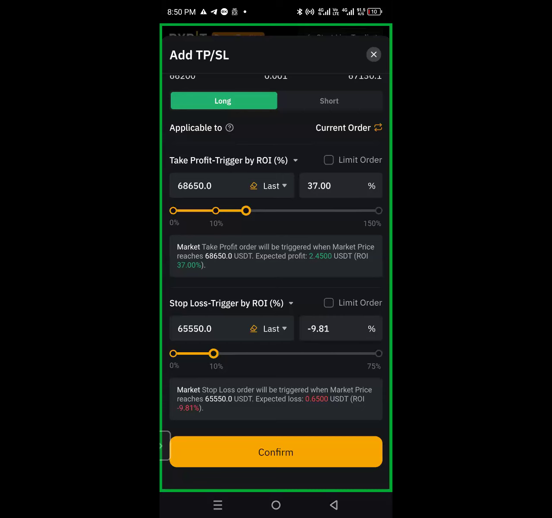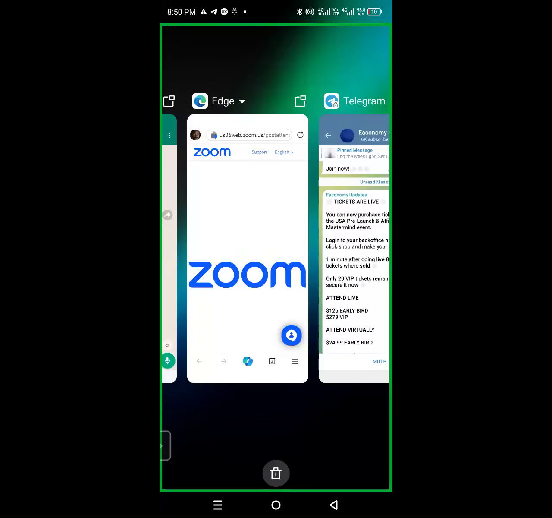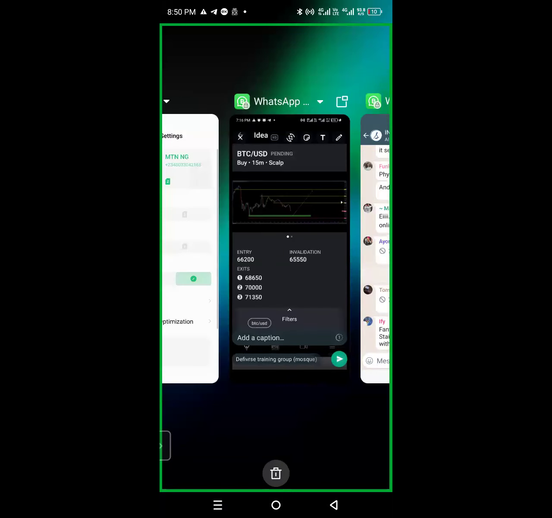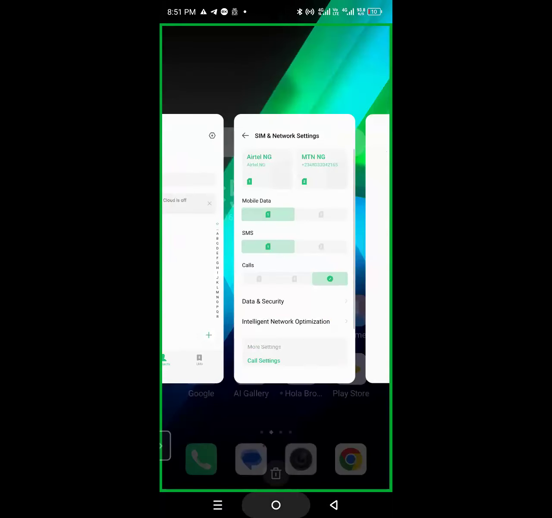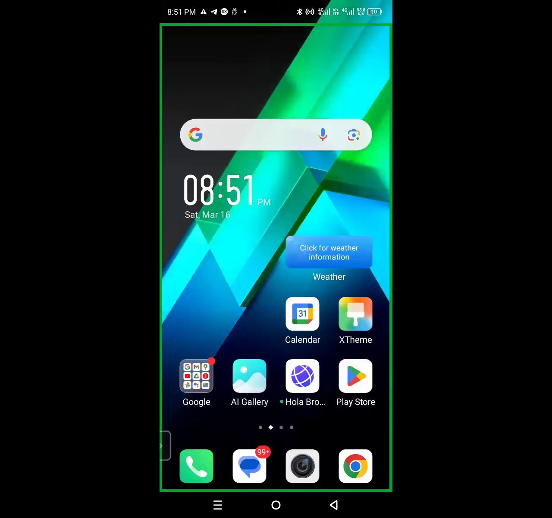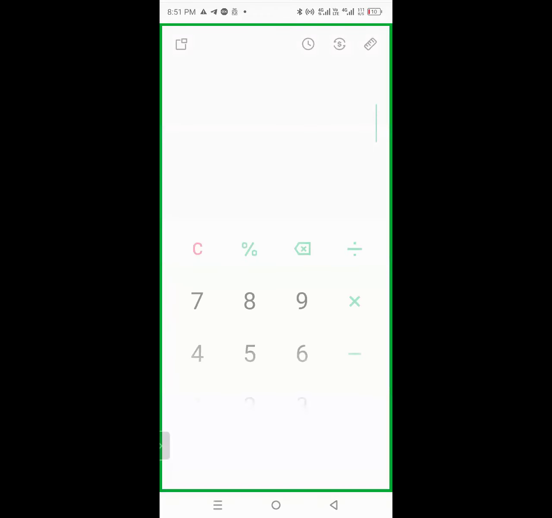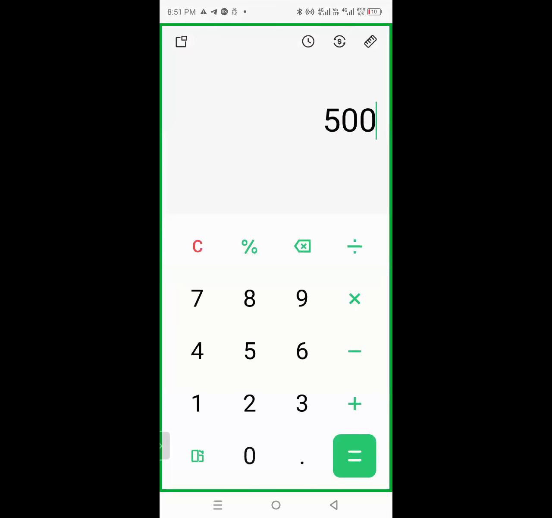Now divide 500 by 0.65. Let me go to my calculator and do it from here. 500 divided by what, please? 0.65, which is our expected loss.